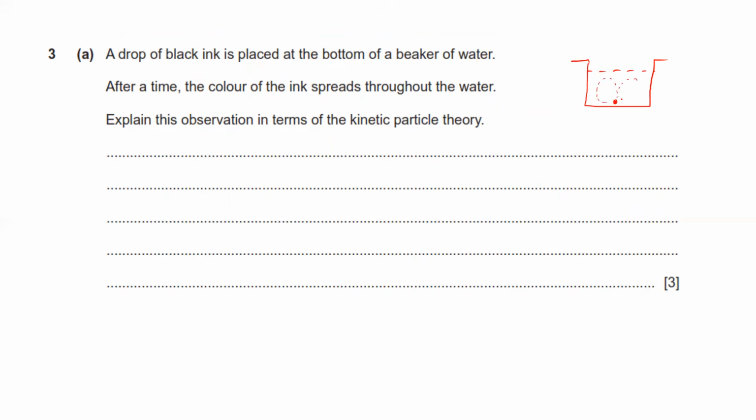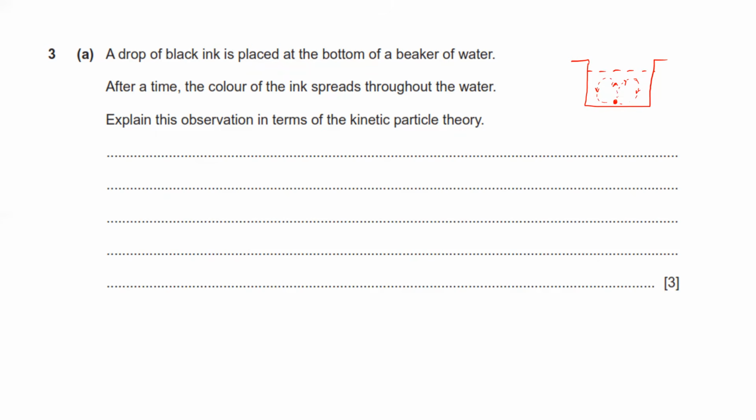The drop of ink will diffuse through the water, and soon the overall color of the water becomes consistent. We have to explain this with the help of kinetic particle theory.